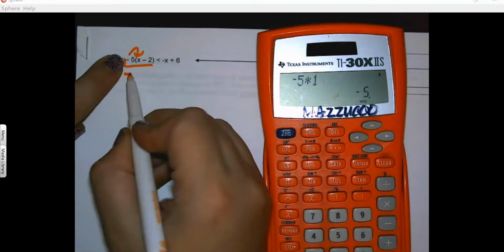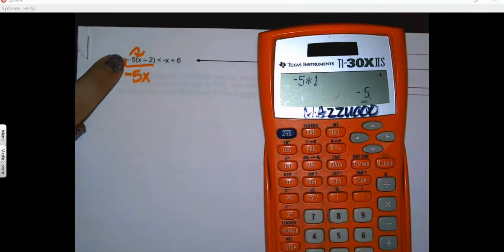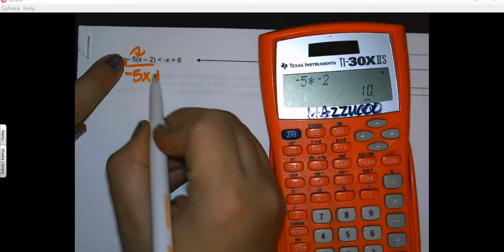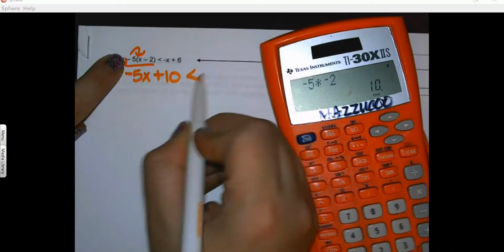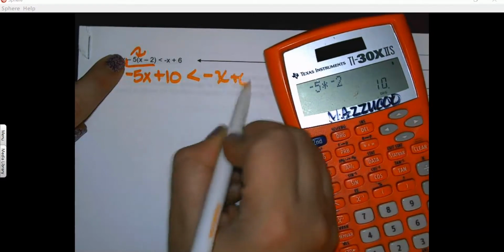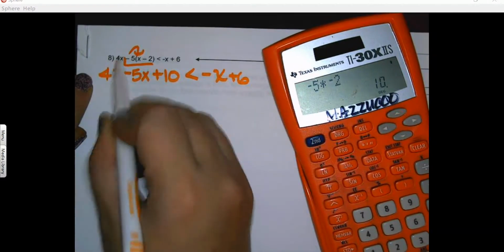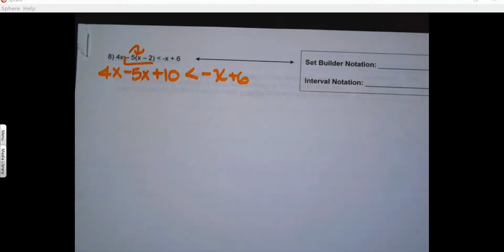So we get -5x here, and then we have -5 times a -2, which is +10. And then I'm going to bring down everything else. Okay? Now we're not done simplifying.